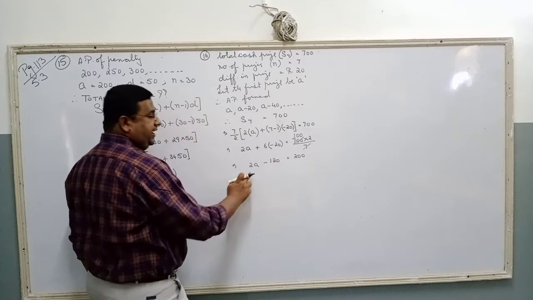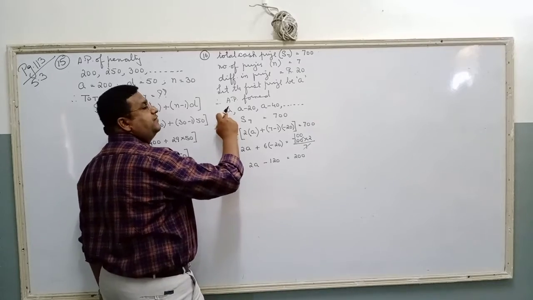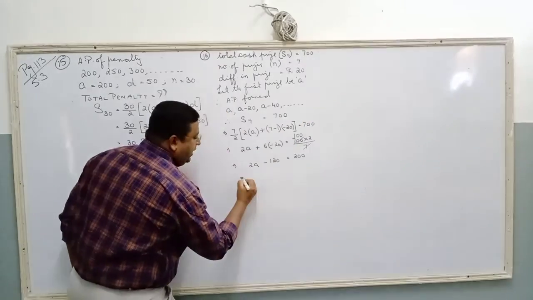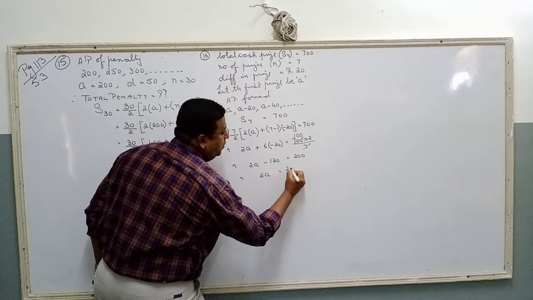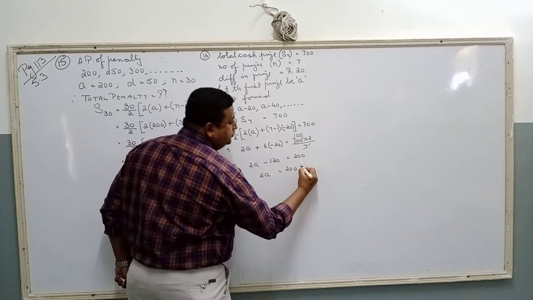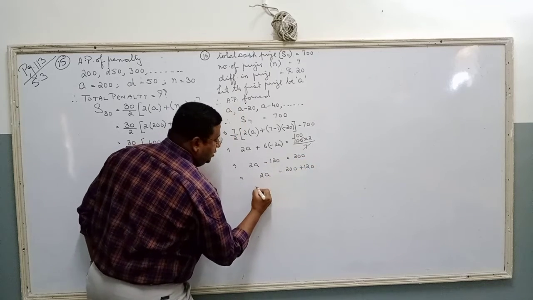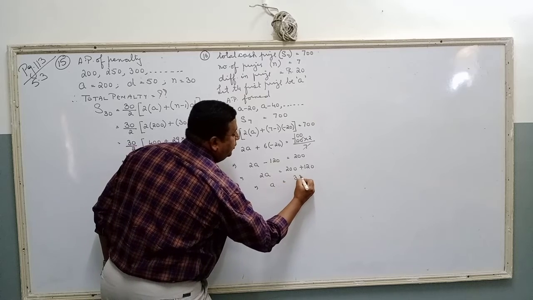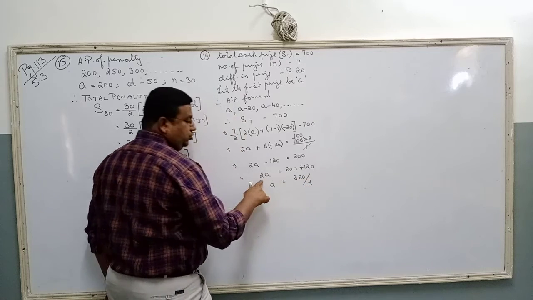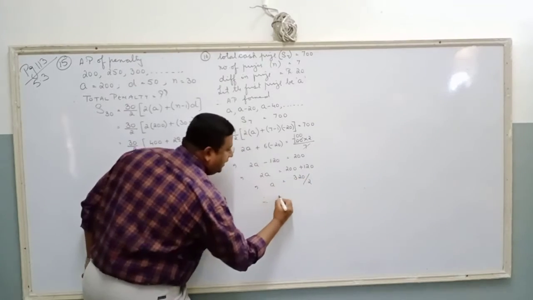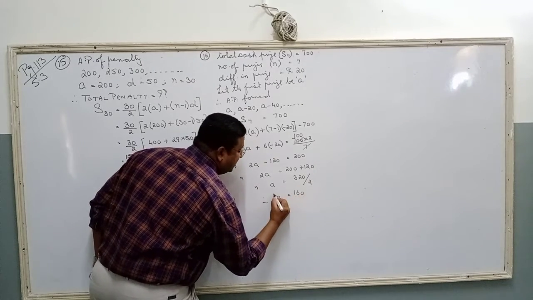I hope we can find A, and once we find A, we have the AP. So 2A is equal to 200 plus 120 transposed. Therefore A is equal to 320 upon 2. So therefore A is equal to 160.